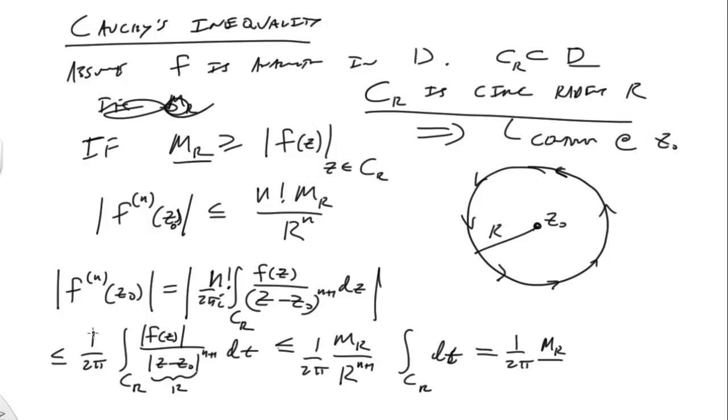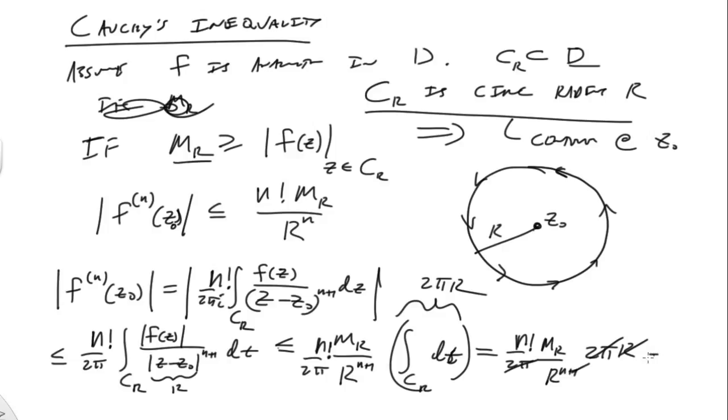Our n factorial. That's by definition. There we go. That looks better. R to the n plus 1. And now this integral becomes 2 pi capital R, because this is an arc length circle integral. The 2 pi's cancel, and one of the R's cancels, and we get our bound n factorial MR all over R to the n. Okay, so that's our result.